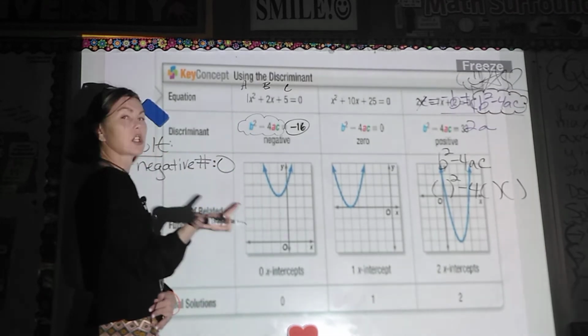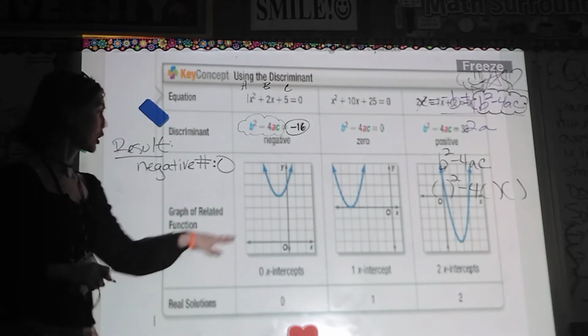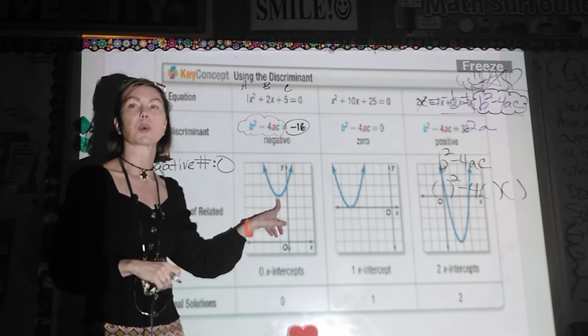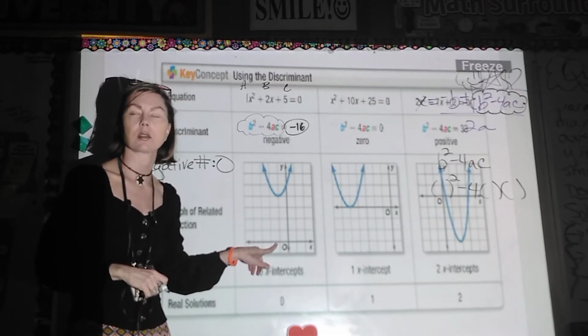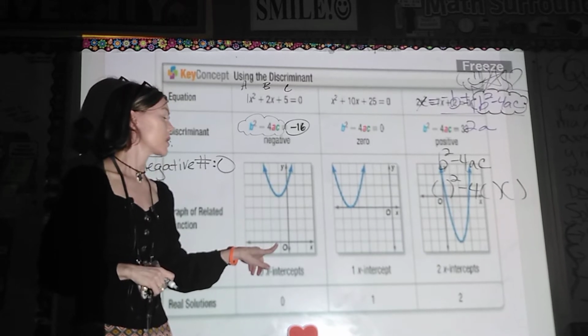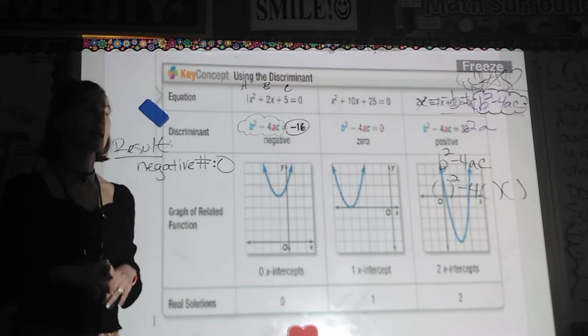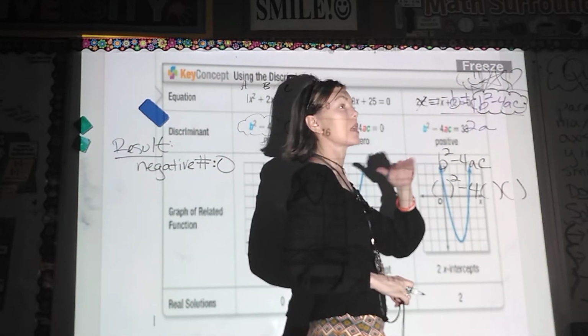Now, look at the graph here. When you get a negative number, you can see that this parabola doesn't even touch the x-axis. So, since it doesn't even touch the x-axis, that is 0 solutions. Again, we are only using the discriminant to find the number of solutions.